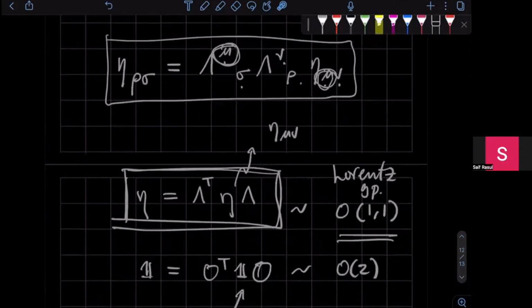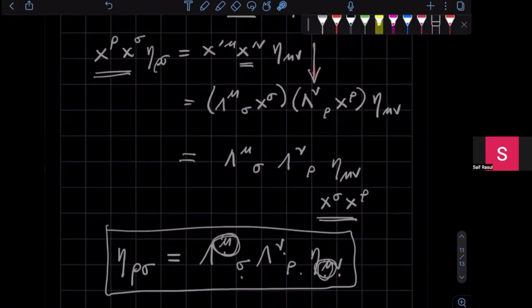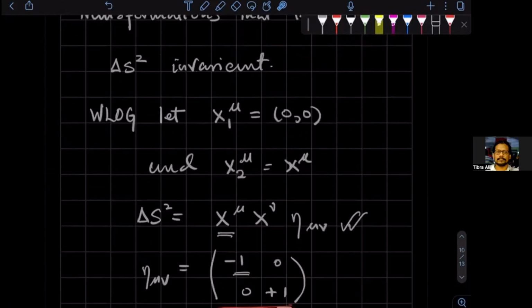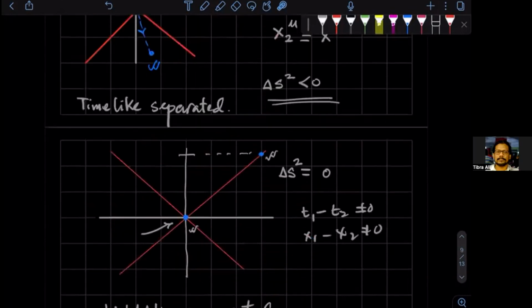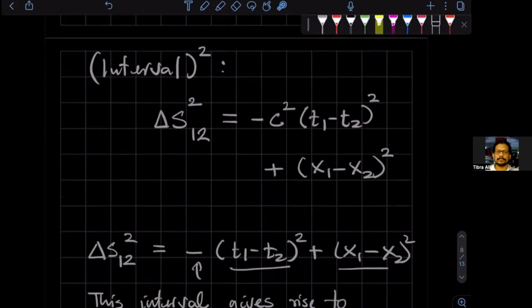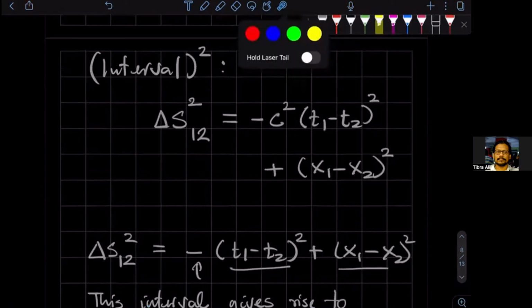I have a question actually. This looks like some sort of conjugation by lambda. Is this some kind of rotation as well? Yeah, it's a generalized rotation. I see. Because in rotation, what's kept invariant is the Euclidean norm, right? But here, this is the Minkowski norm because there's a minus sign here.